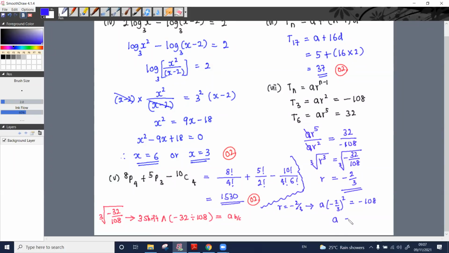Therefore, a should be equal to what? a should be equal to minus 243. Minus 243.